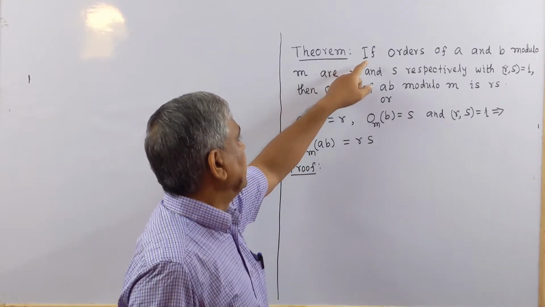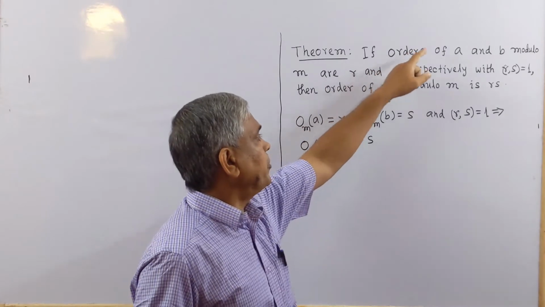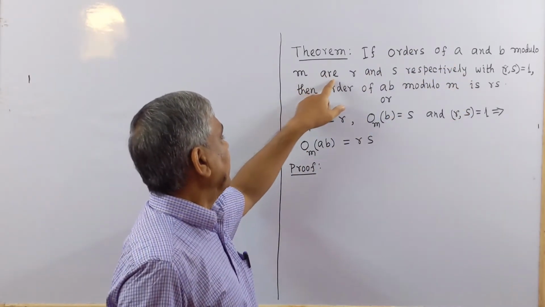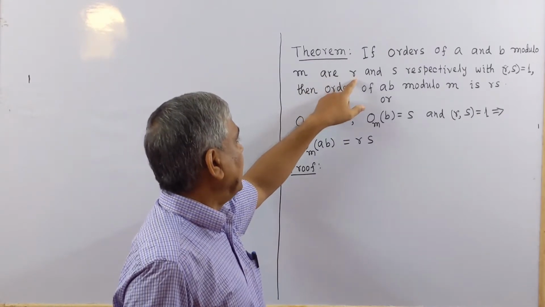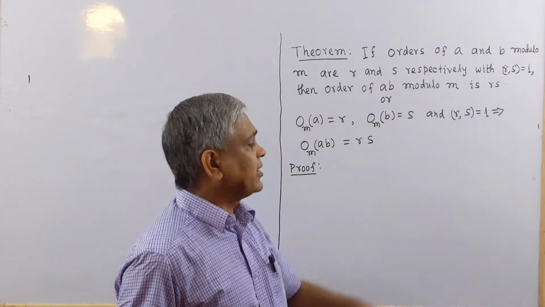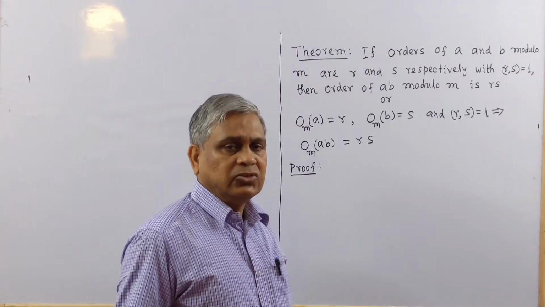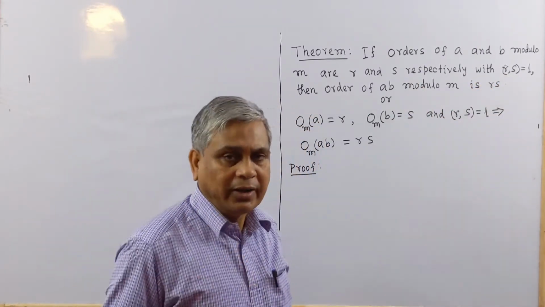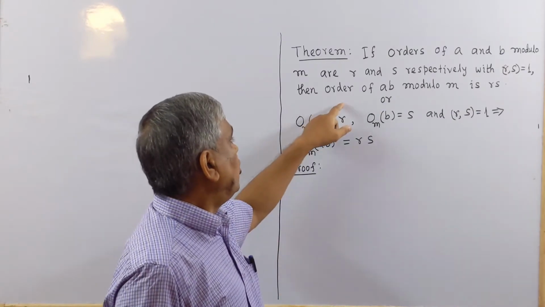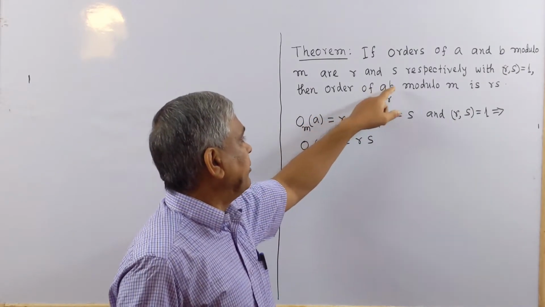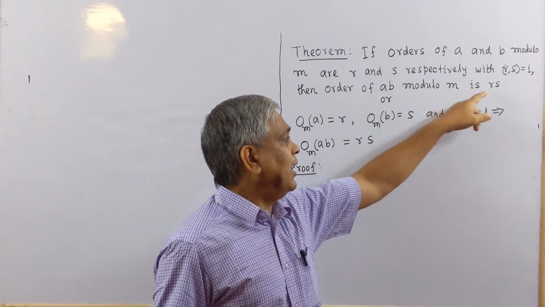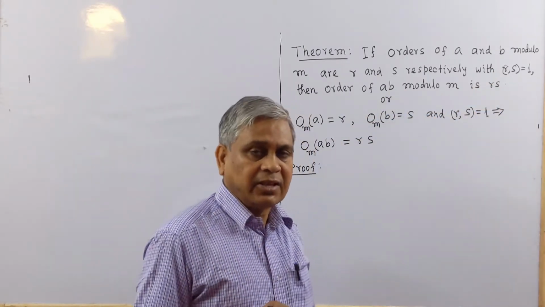Theorem: if orders of a and b modulo m are r and s respectively, with GCD of r and s equal to 1, then order of a multiplied by b modulo m is r multiply s.